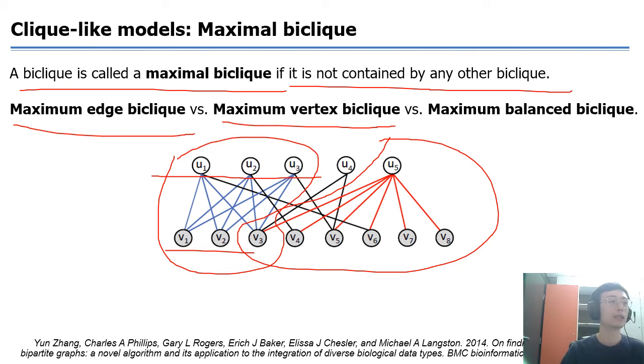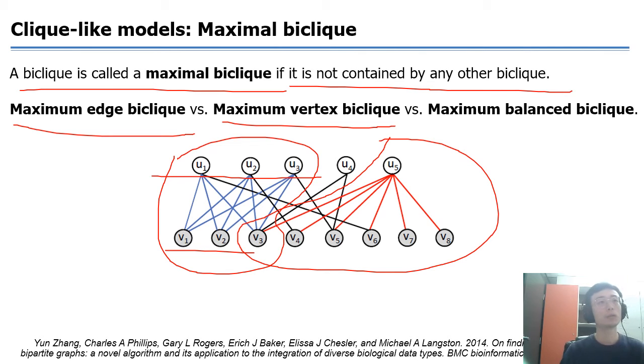So in the literature, the maximal biclique enumeration problem is well studied. It aims to find all the maximal bicliques. Note that the output of maximal biclique enumeration will give us the result of maximum edge, maximum vertex, and maximum balanced biclique, and it is an NP-hard problem.